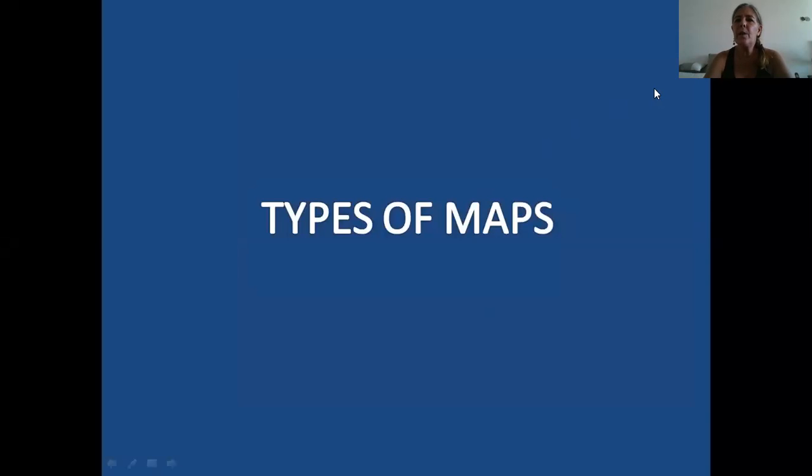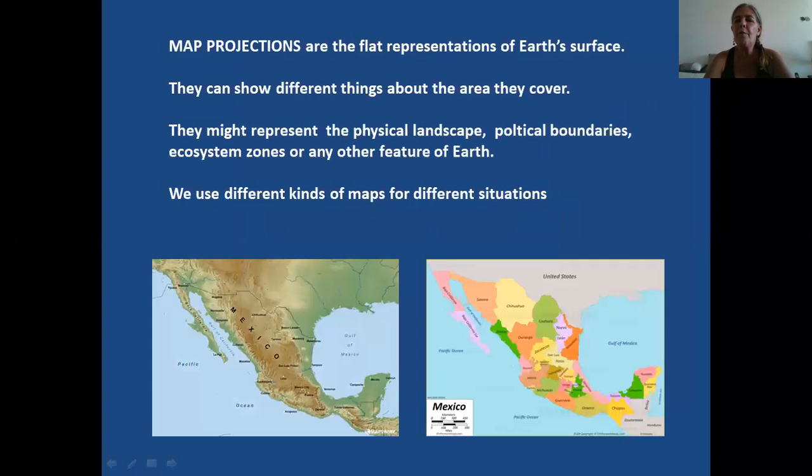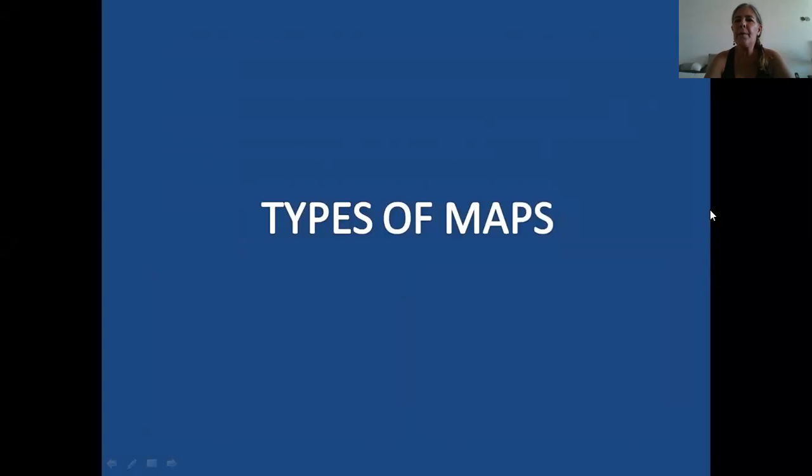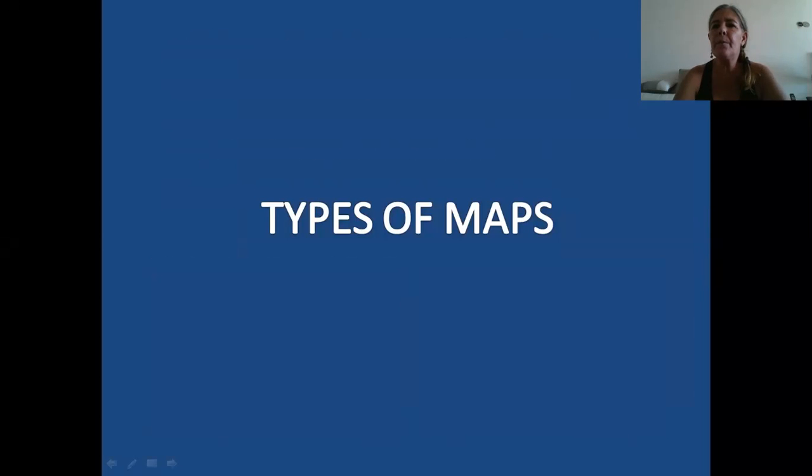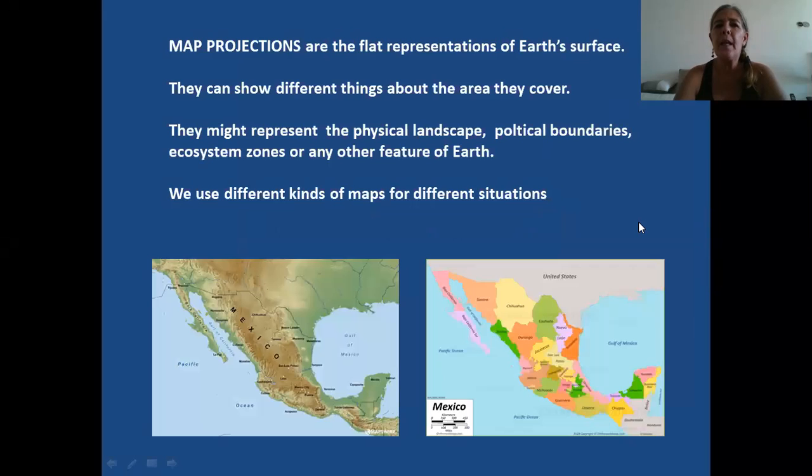So we are going to learn about the different kinds of maps, okay? The types of maps. Let me move the screen over to the side a little bit. Here. Okay, so the types of maps. Remember that map projections are the flat representations of Earth's surface.